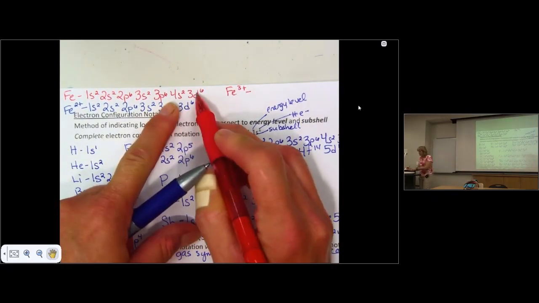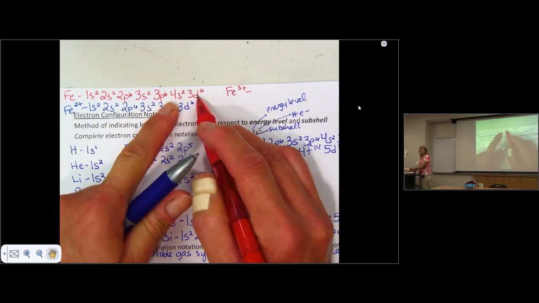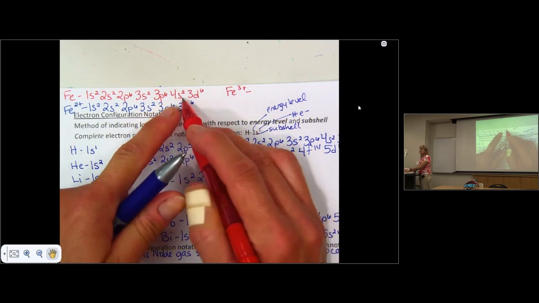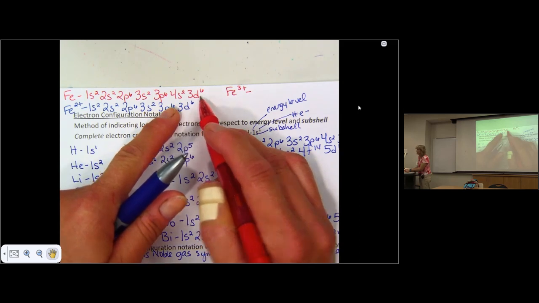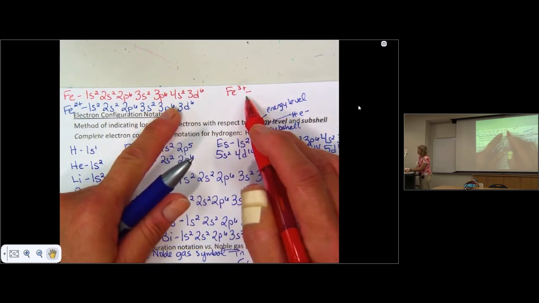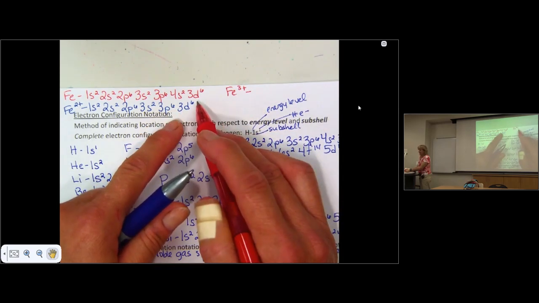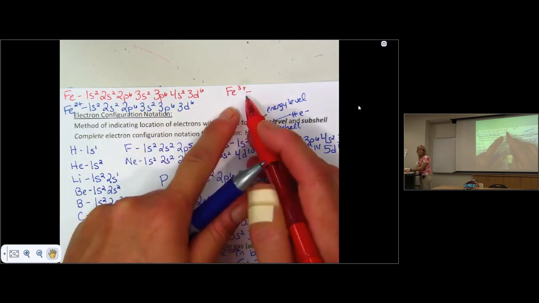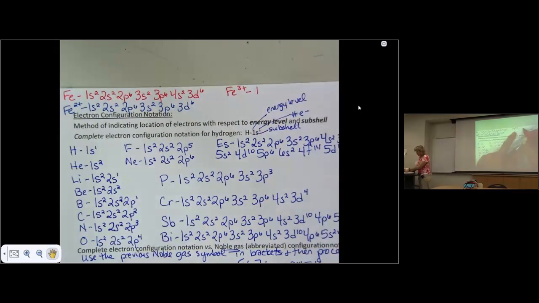So if it loses these 2 and 1 out of D, that's a what charge? That's not rocket science. If it loses these 2 and 1, that means a total of 3 lost. What's its charge? +3. And then is D exactly half full? Yes. So what is iron 3+?